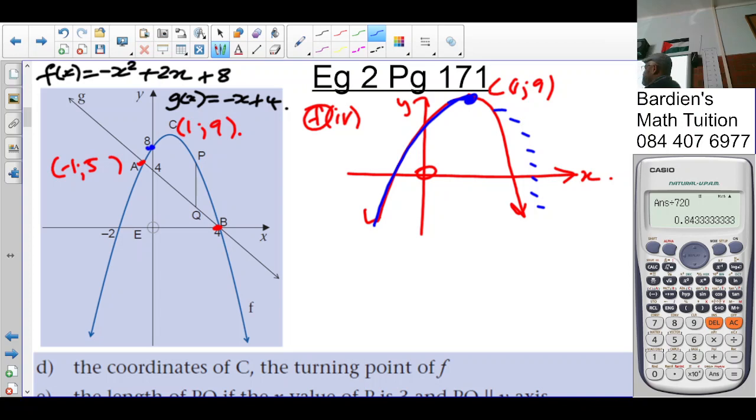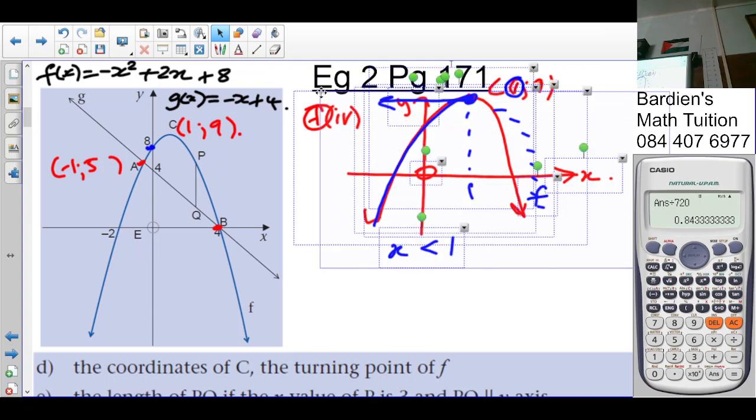So for which values of x is f of x increasing? It's increasing for x less than 1. That x value is 1. At 1 it is neither increasing nor decreasing, okay? So you just say x is less than 1.